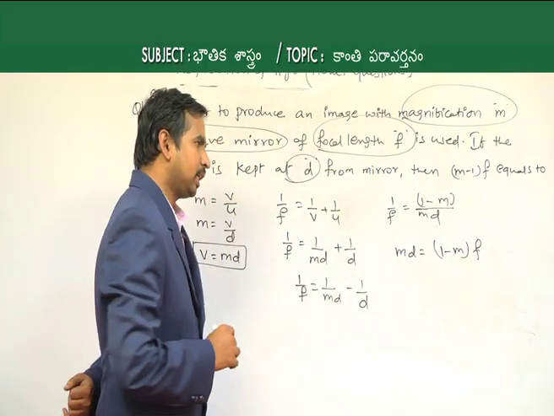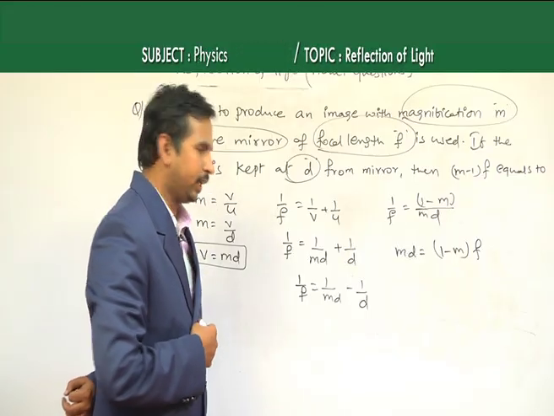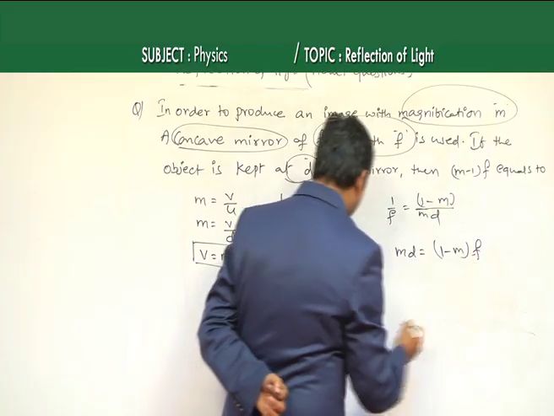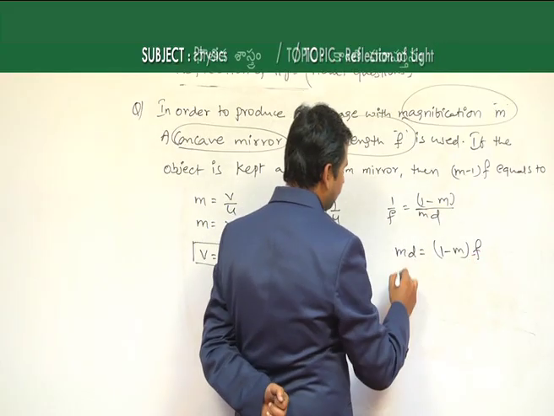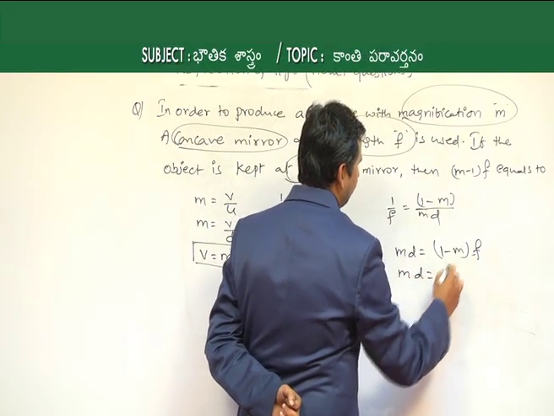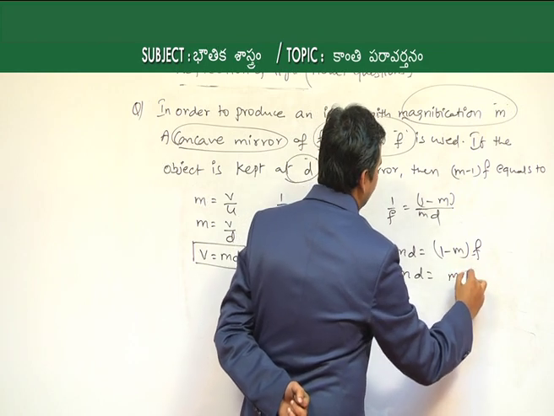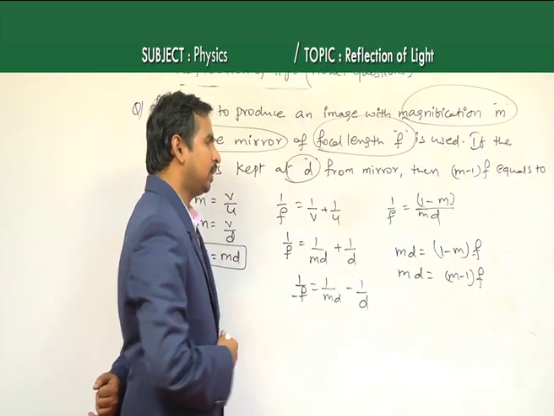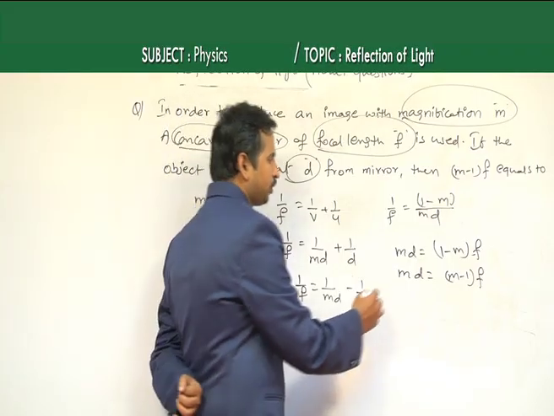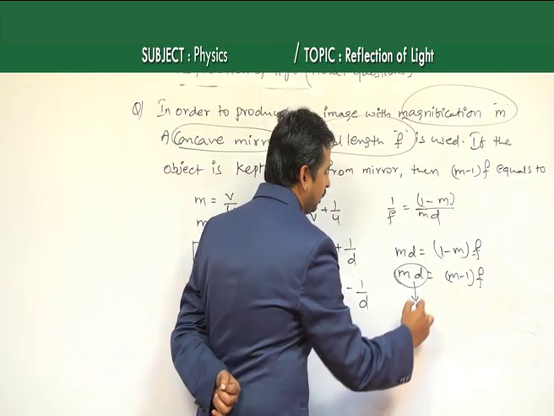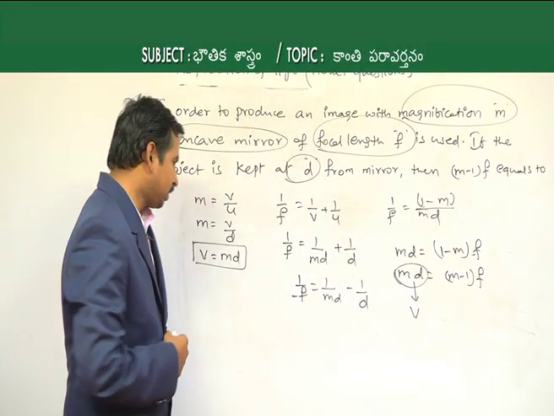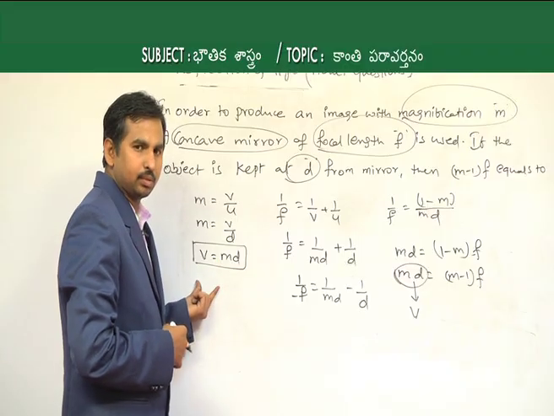Then if you apply the sign convention here, as the focal length of a concave mirror is negative, minus of minus, m d becomes (m - 1) f. So (m - 1) into f is equal to the distance m into d, which is nothing but our image distance.